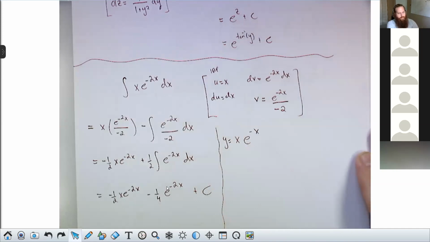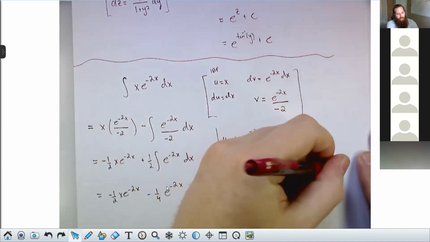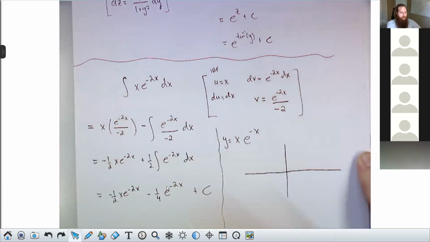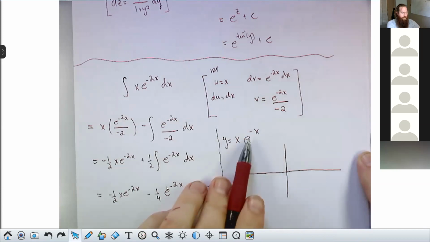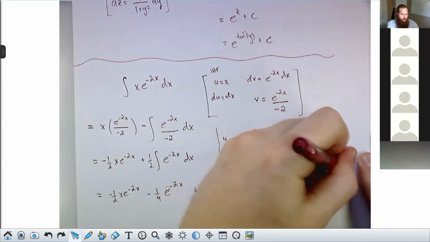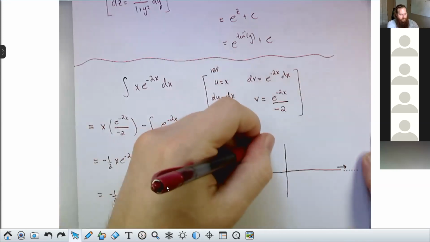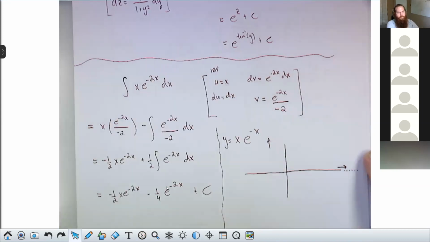X e to the negative x. This is pretty infamous in Calc 1 classes, because it's a good minimum maximum problem. You know that the e to the negative x piece is going to want to drag everything to 0. So you're going to have this horizontal asymptote over there, and it also wants to blow up as you go off to the left.